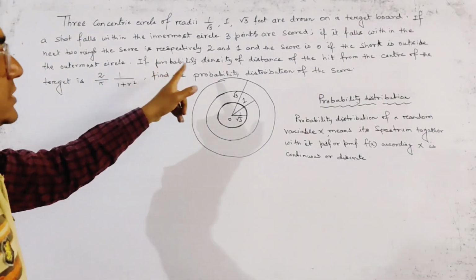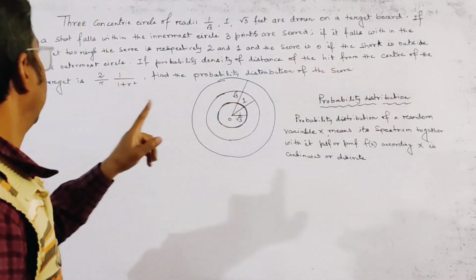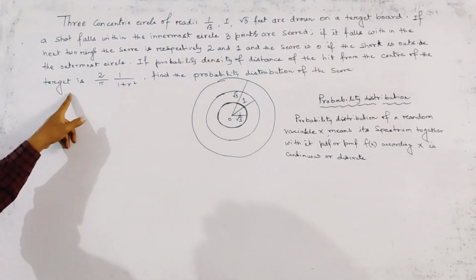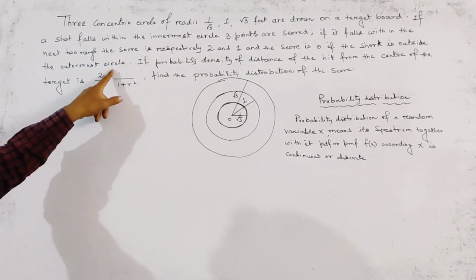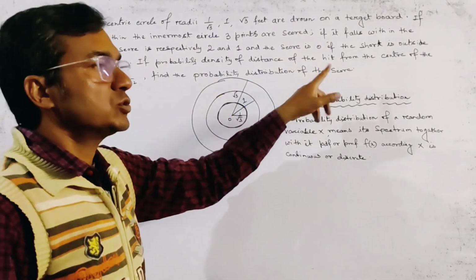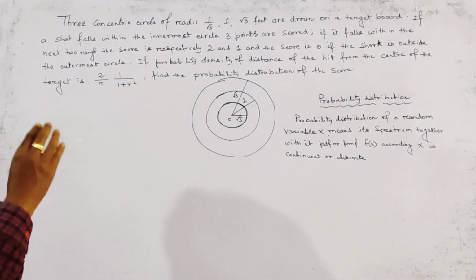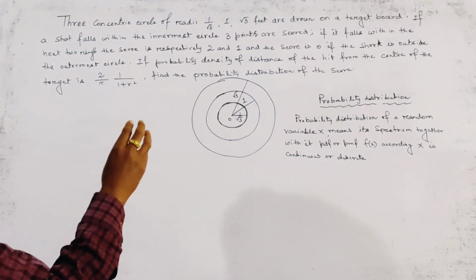If the probability density of the distribution of the hit from the center of the target is 2 by pi into 1 by 1 plus r square, find the probability distribution of the score. Okay, so we have to find the probability distribution of the score.